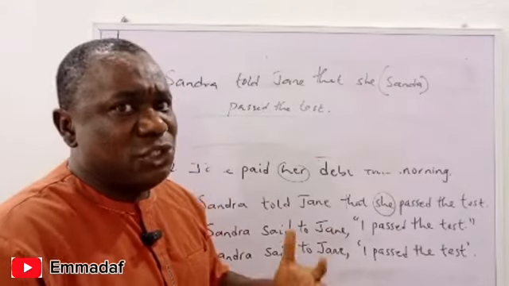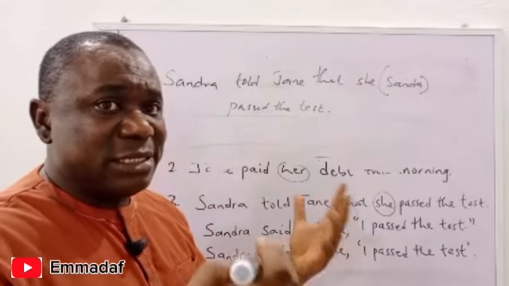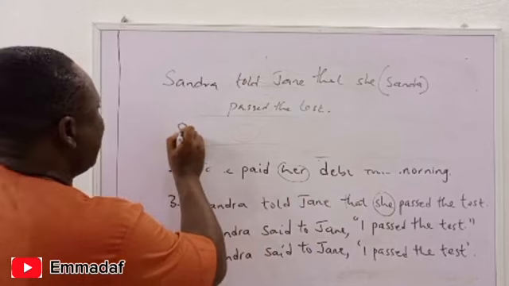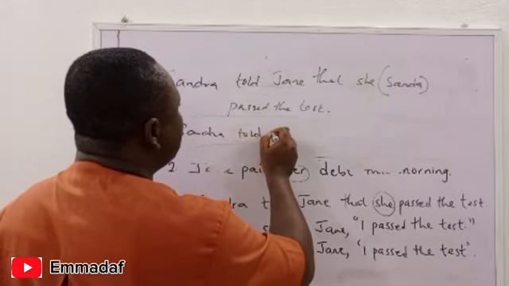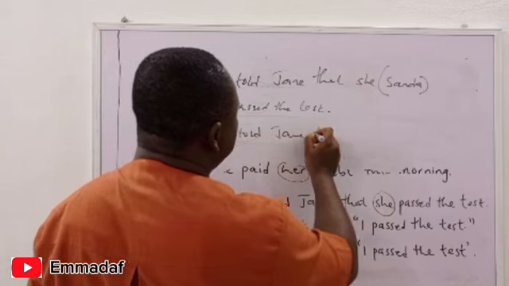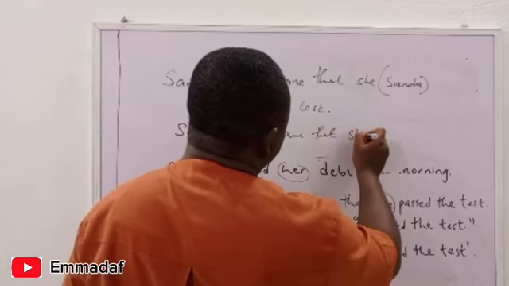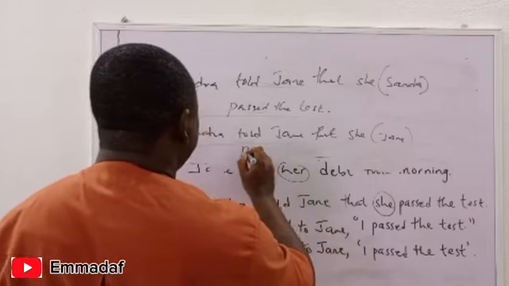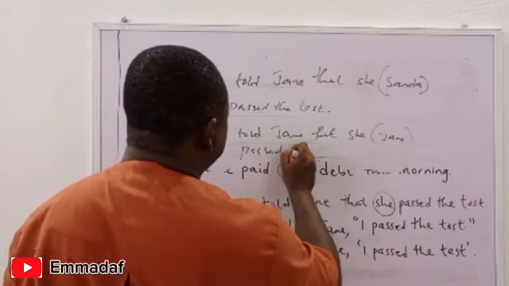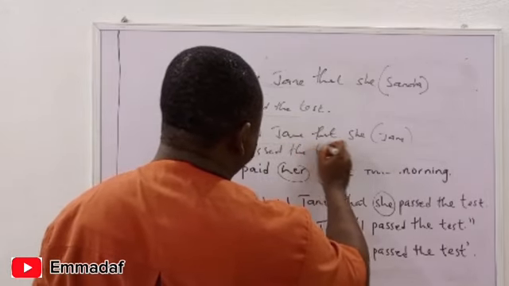Now, what if it is Jane that has passed the test? We say, Sandra told Jane that Jane passed the test.